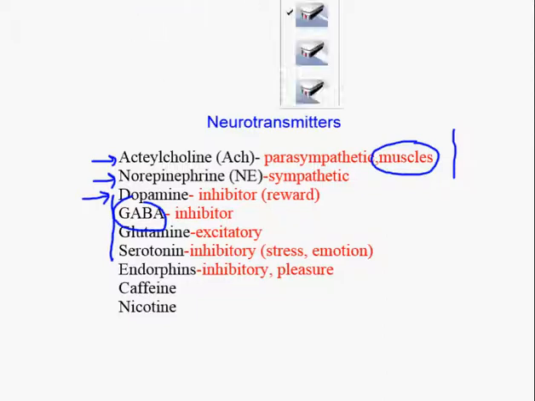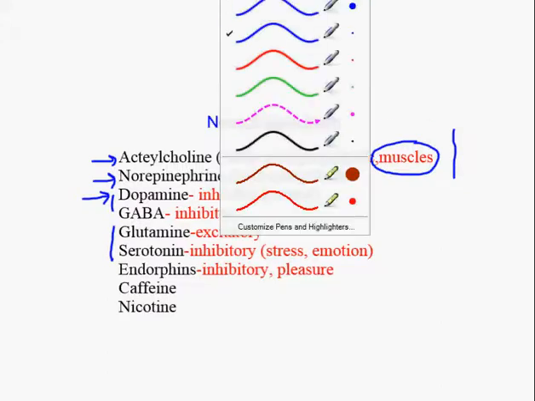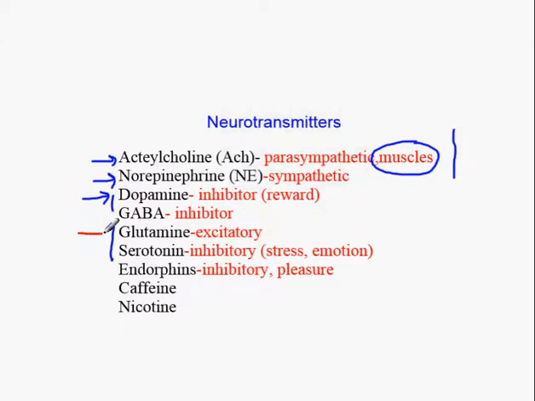The opposite of GABA is glutamine, the major excitatory neurotransmitter, which means that when you release glutamine, it causes neurons to release even more neurotransmitters. Now we come to serotonin, which controls your stress levels. Anyone who is OCD, manic, depressive, or something like that, probably has serotonin issues.